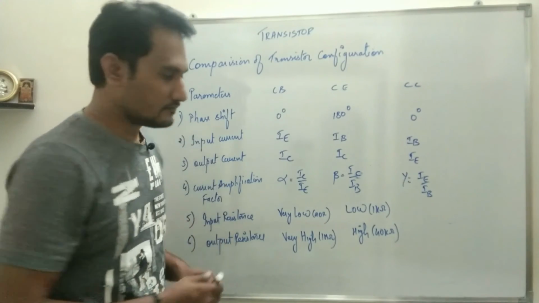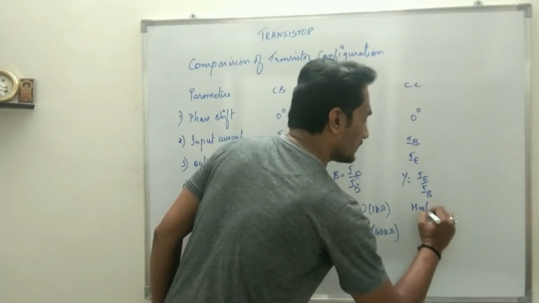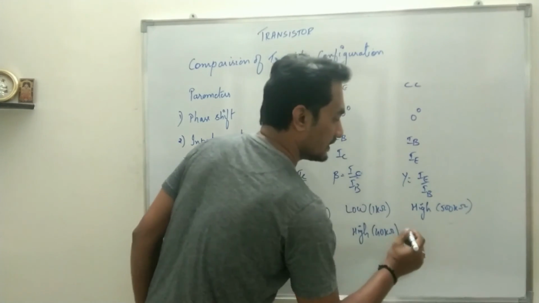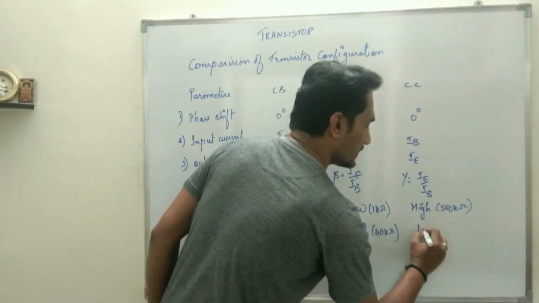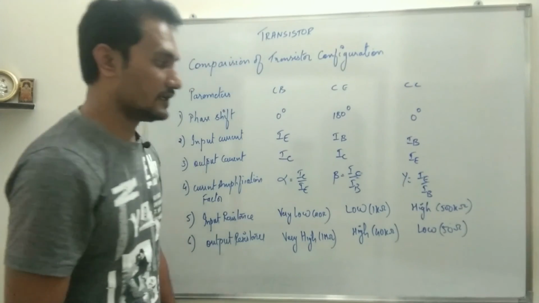And for common collector configuration, the input resistance is very high, around in the range of 500 kilo ohms, and output resistance is low in the range of 50 ohms.